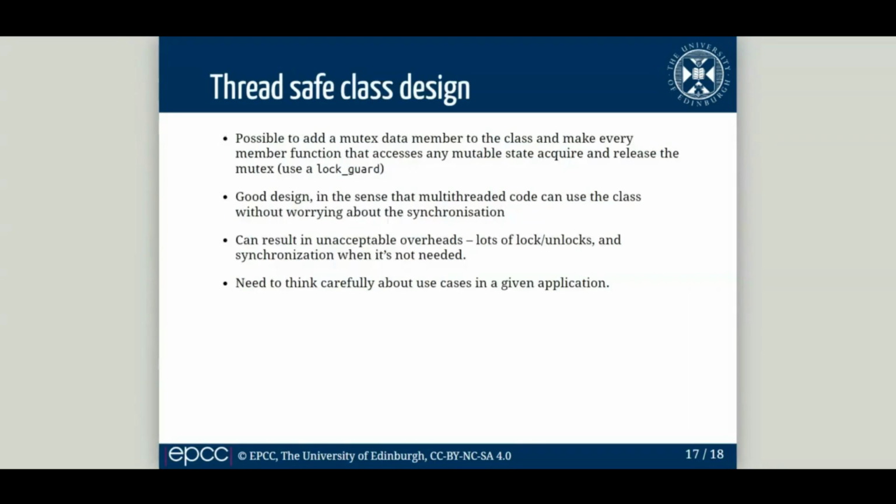But what I would recommend is to use a mutex or a lock guard only when needed. So don't use it if there is a variable that you know will not be updated by several threads, or there are some functions.